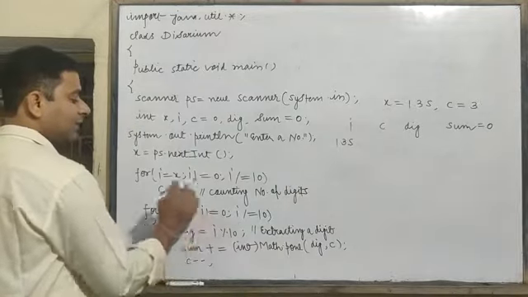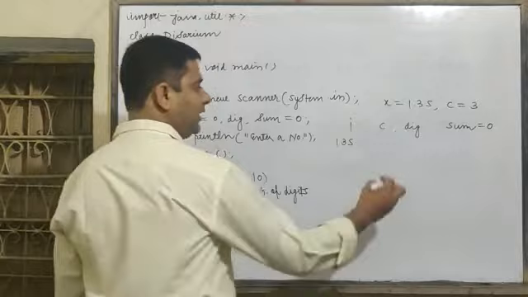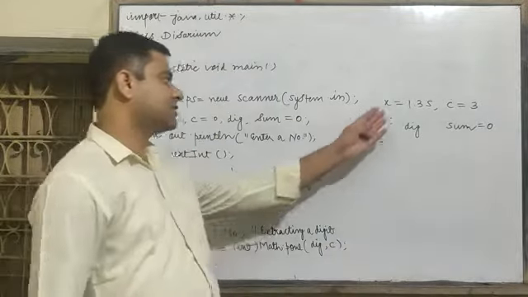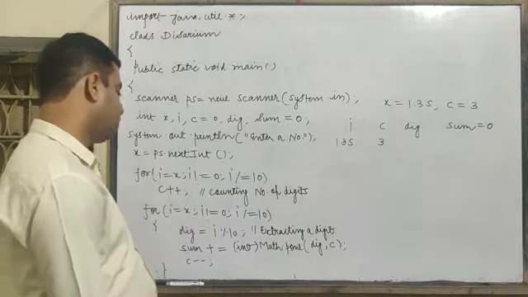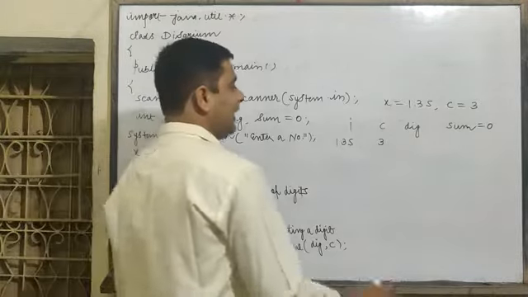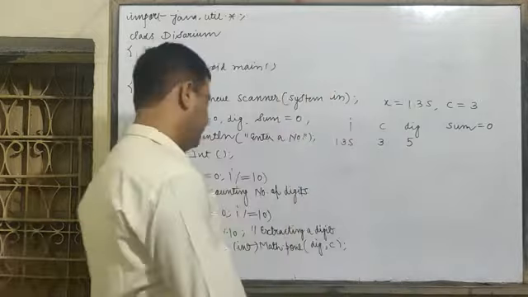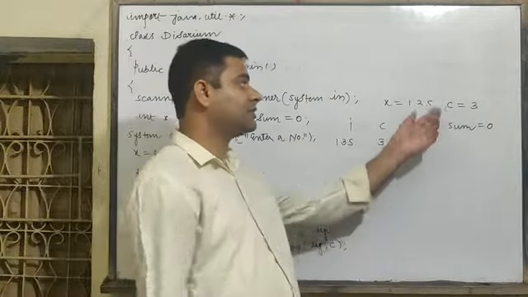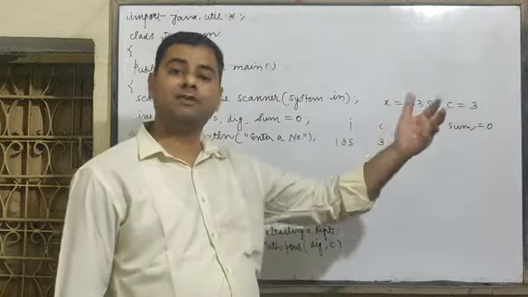It will check it is not equal to 0, so it will come inside. The value of c will be 3 for 135. So i equals 135, not equal to 0, it will come inside. digit equals i modulus 10, that is 135 modulus 10, so 5 will be there. Now we have to calculate 5 raised to the power 3, because 5 is at the third position. So 5's power should be 3.